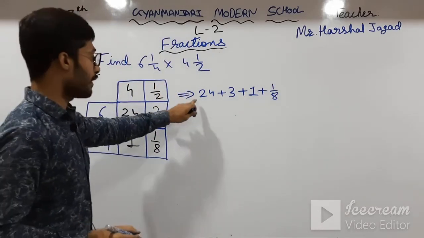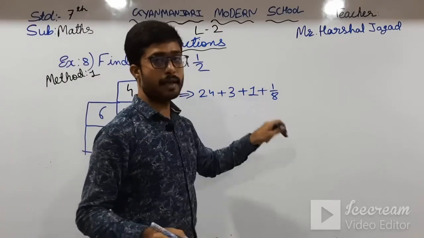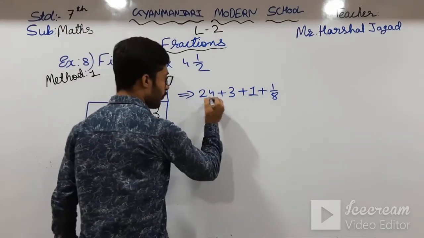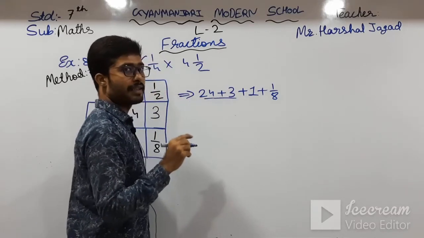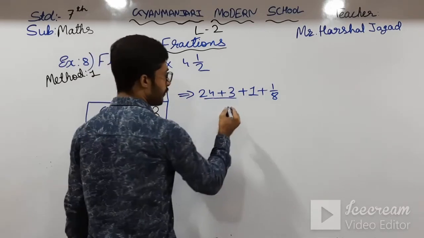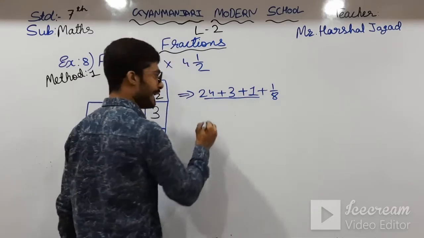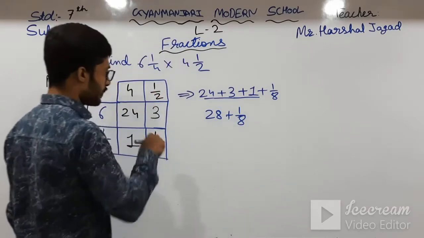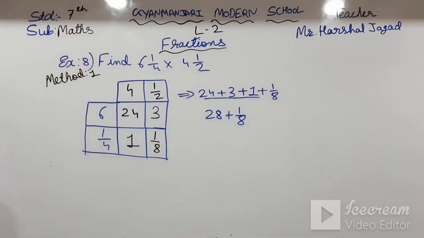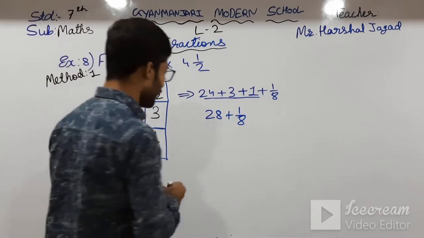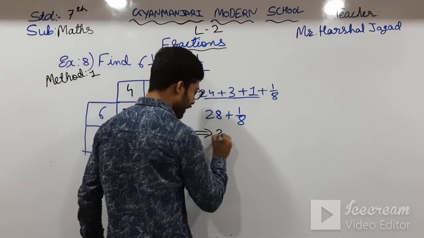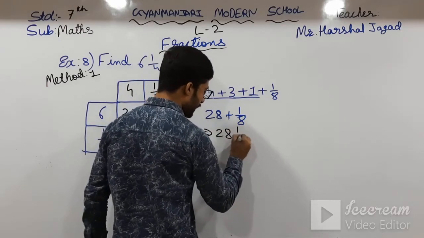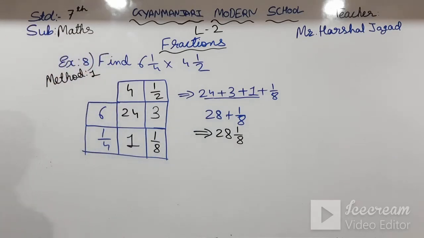What is 24 plus 3? It is 27, and 27 plus 1 is 28. 28 plus 1/8. Okay students, so we got the answer as a mixed fraction. We will write 28 1/8.